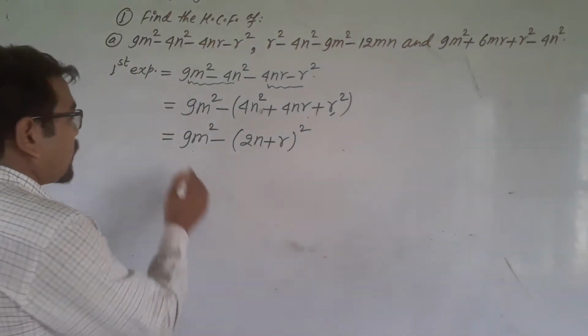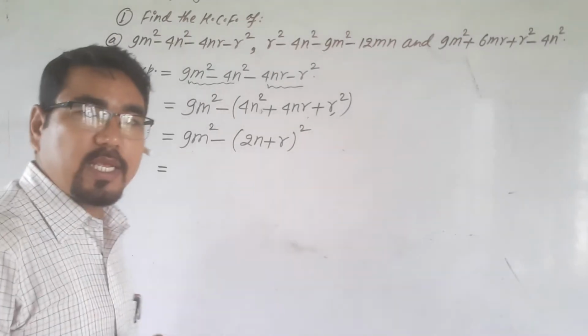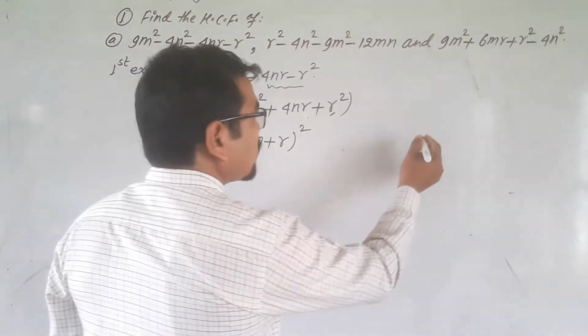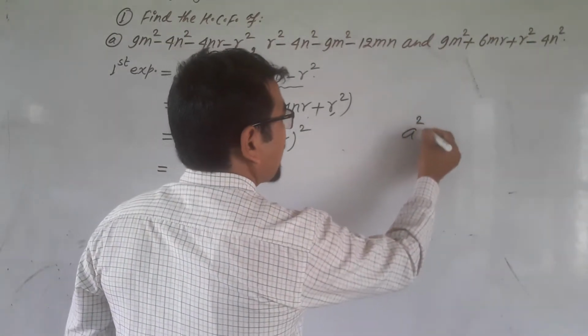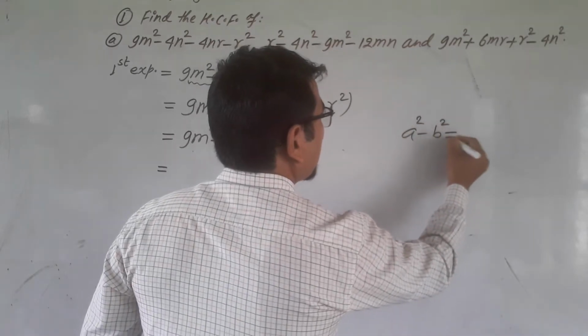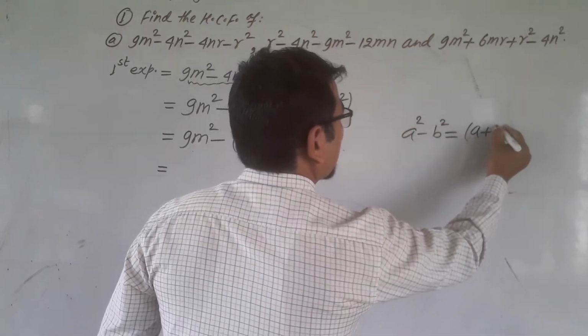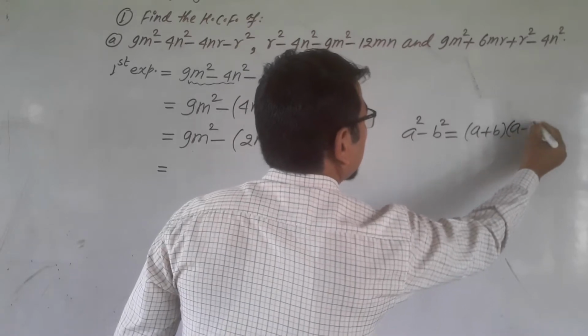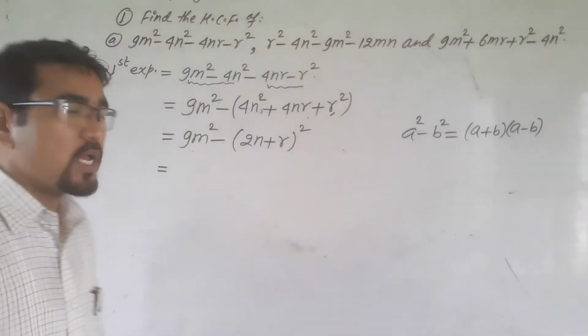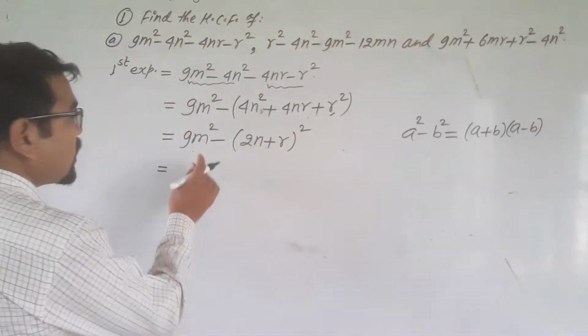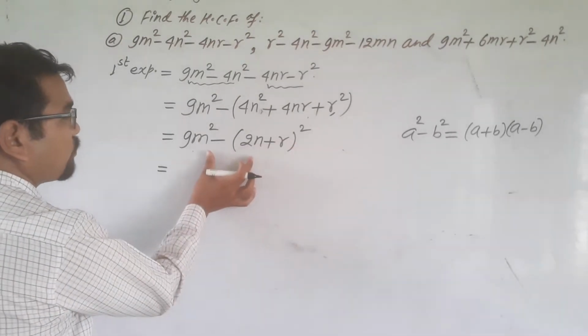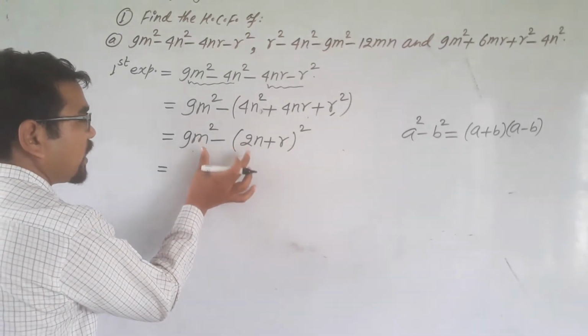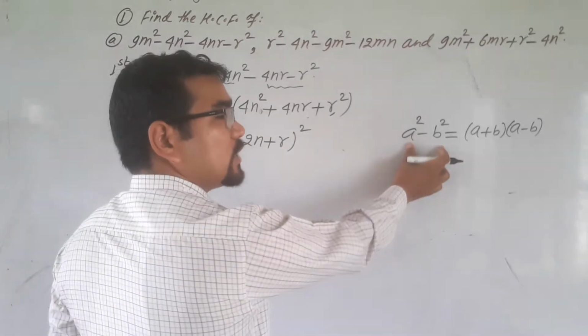Now finally it goes in the form of a square minus b square. A square minus b square equals a plus b into a minus b. This is the factorization formula. You have already learned this. So we have to express this expression in the form of a square minus b square.